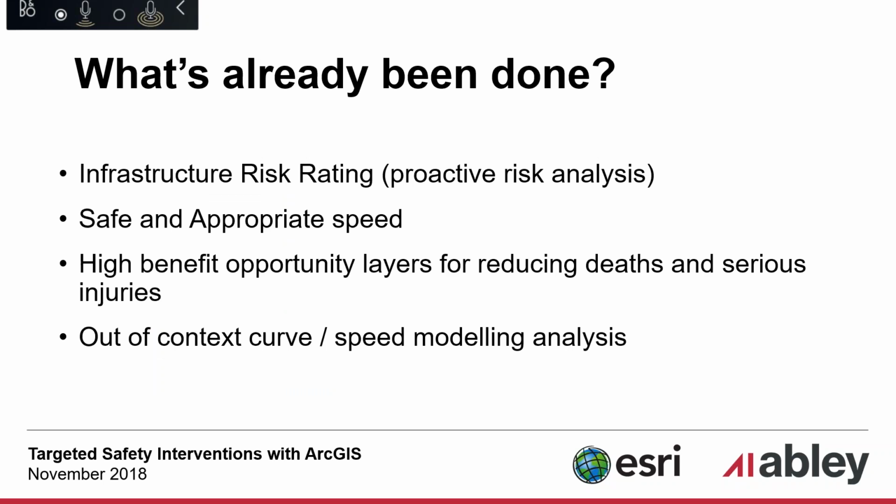And elements of that include infrastructure risk rating, which is a proactive risk analysis method, calculation of safe and appropriate speeds, the identification of the highest benefit opportunities on the roading network for reducing death and serious injuries, the out-of-context curve and speed modelling analyses, and Terry touched on that before. That was a webinar that we conducted back in January of this year.